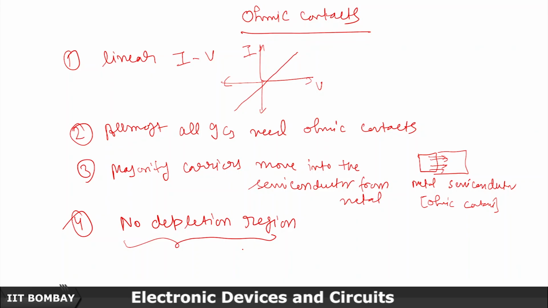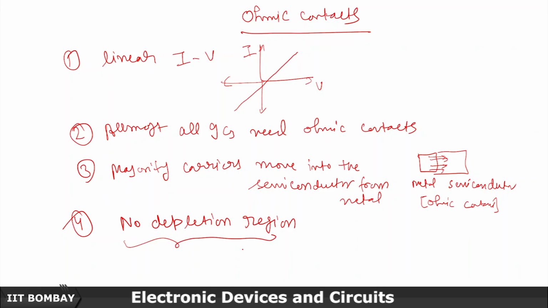So if the metal and semiconductor combination forms a depletion region, it's going to be a rectifying junction or rectifying contact. For the case where no depletion region is formed between metal and semiconductor, it's going to be an ohmic contact.